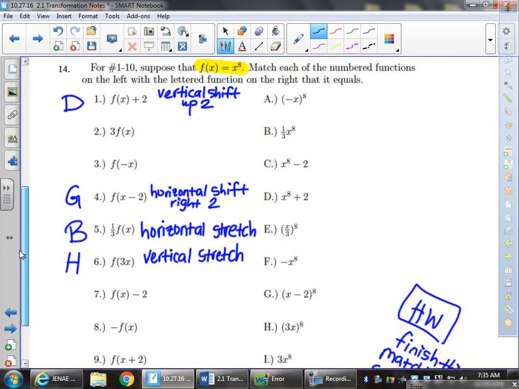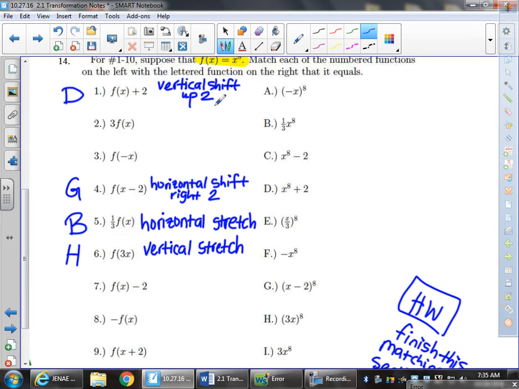So let's finish comparing answers. What do we get for number 2? I. Good. What did you write for words? Good. Three? Who said A? Good job.